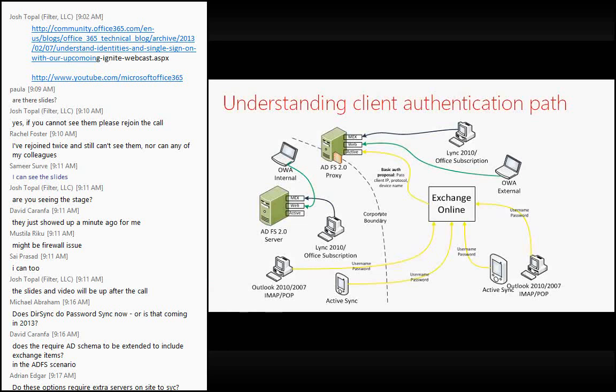Essentially then Exchange Online will proxy through the ADFS proxy into the internal network, get your token, and pass it to Exchange Online. Exchange Online will verify that and then pass that information back through to the client. So regardless of whether you're internal or external, you will always proxy through Exchange Online. It will always proxy on your behalf and carry that information through. So hopefully that makes sense.